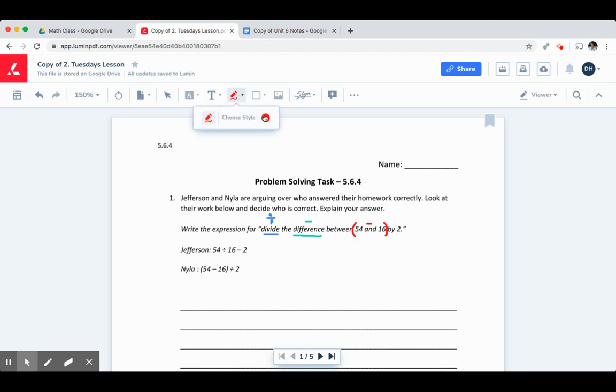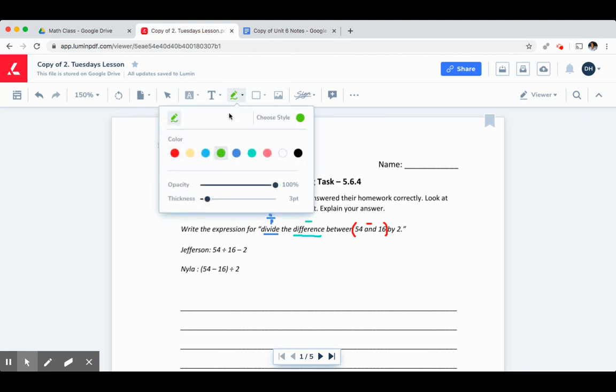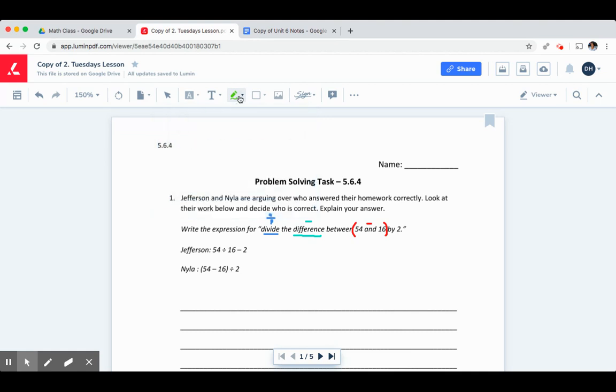And our phrase also said to divide the difference by 2. So after that parentheses, I'm going to remember that I need to have division happening and that I'm dividing by 2.